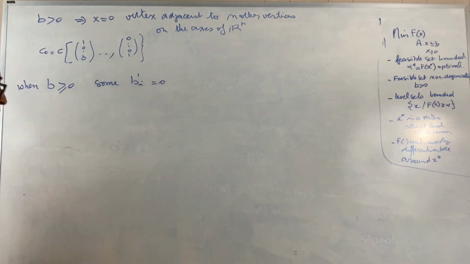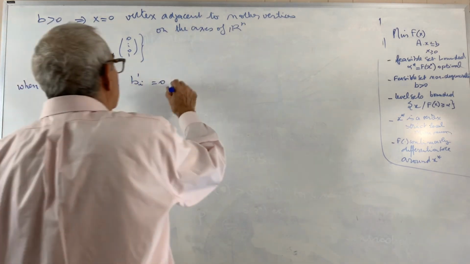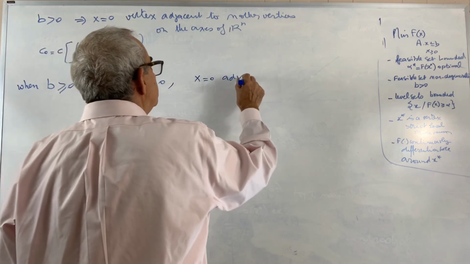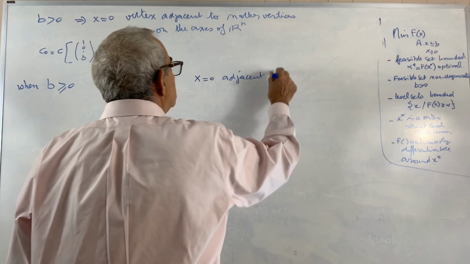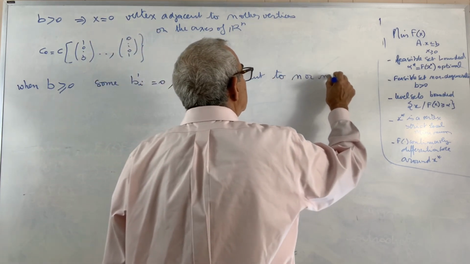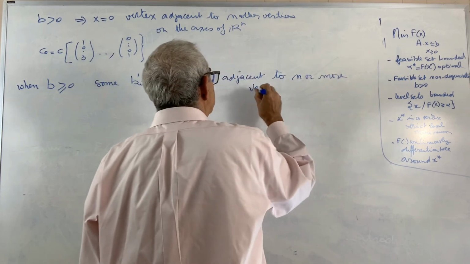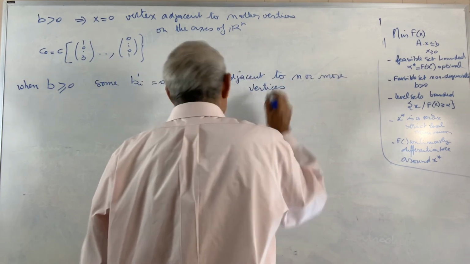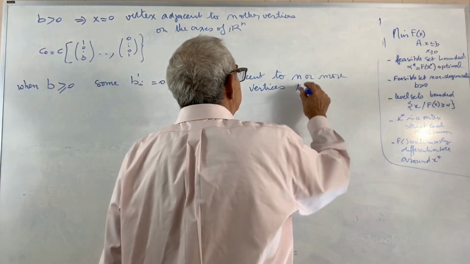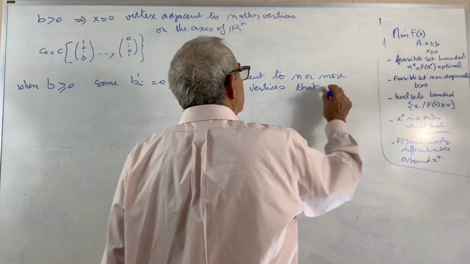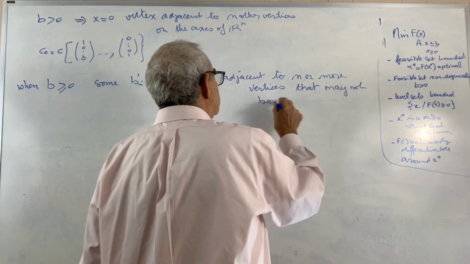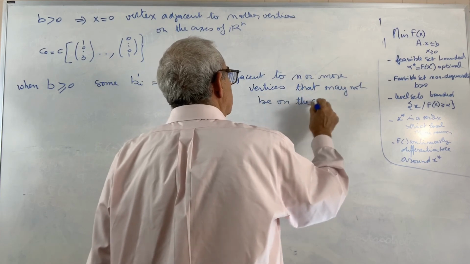Then x equal to 0 is adjacent to n or more vertices. That may not be on the axis.